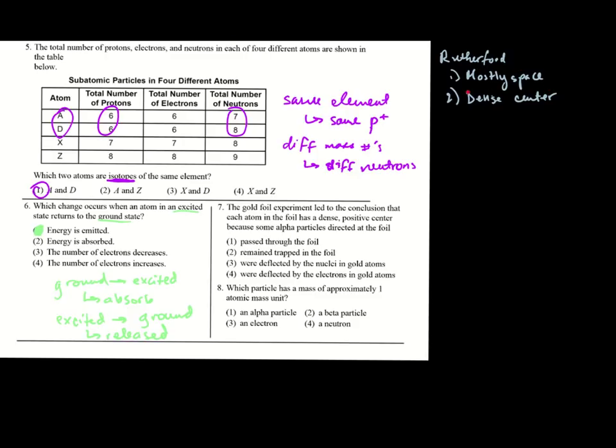For the other one, dense center, if you hit against something, you're going to bounce off it or stick to it. So the main evidence that showed him that this atom has a dense center is because the alpha particles were deflected by the nuclei in the atom. Okay, so that is choice 3.